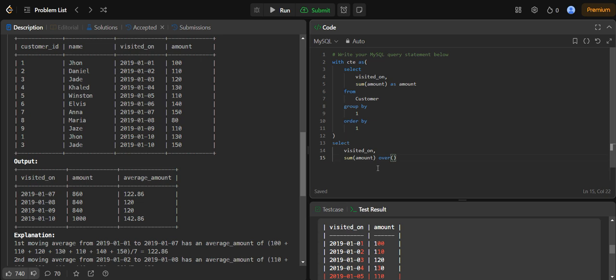over. How do we do the moving average? Order by visited_on, then rows between 6 preceding and current row.